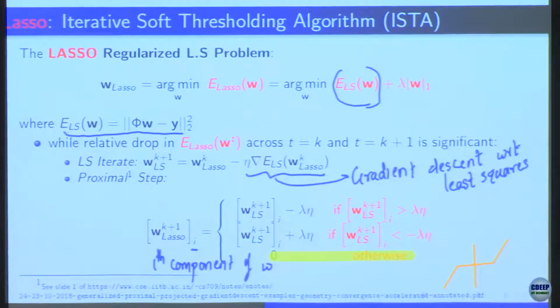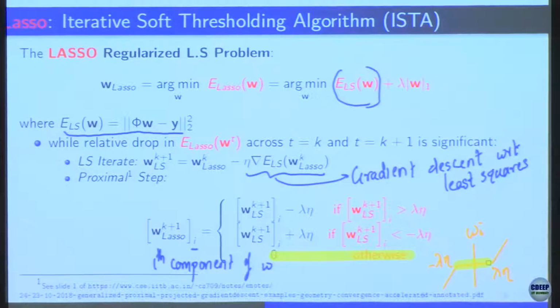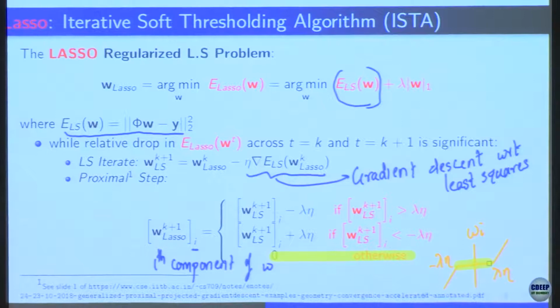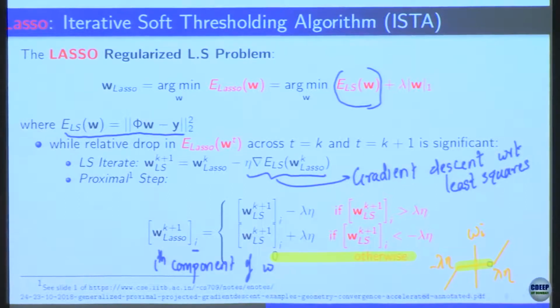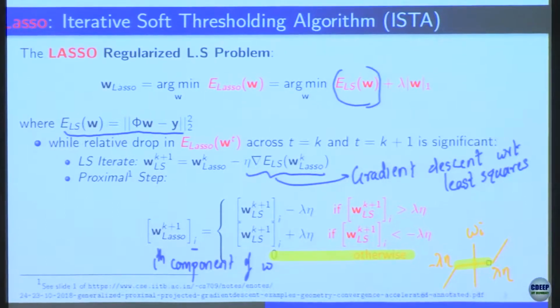So if your Wi is between, say, minus lambda eta and lambda eta, then it will be 0. This is the segment that we are referring to here, it's 0. So the moment it is small, relative to lambda eta and minus lambda eta, you push it to 0.